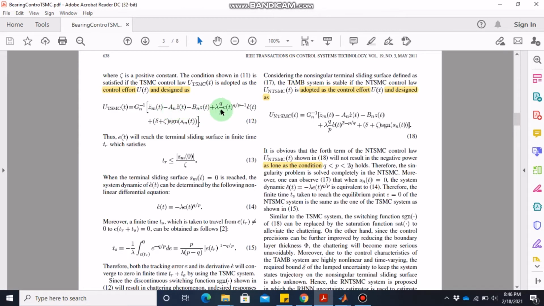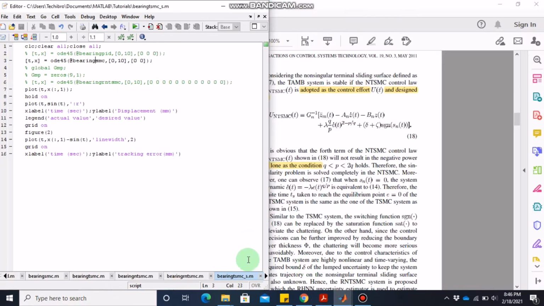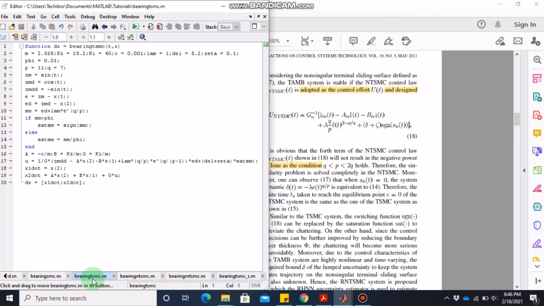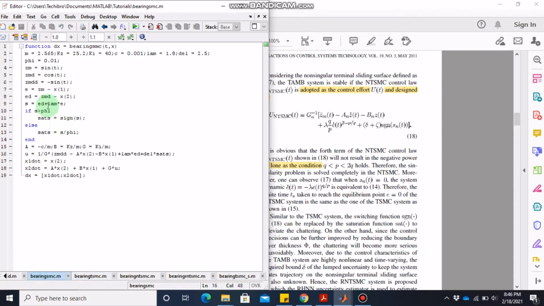If you go to here, this was the code for simple sliding mode control. And again, if you want this code, please take a screenshot of the video and type the code by yourself. This code is clearly visible on your screen, so there is no reason for you not to pause the video right here and type the code in your MATLAB by yourself.